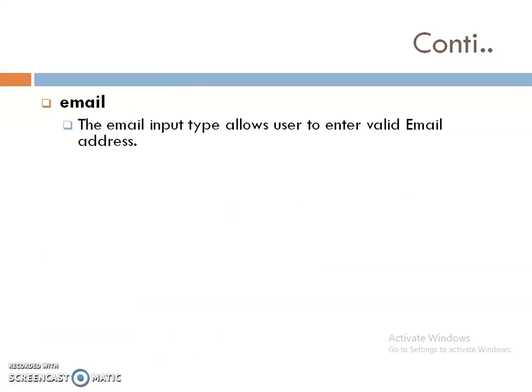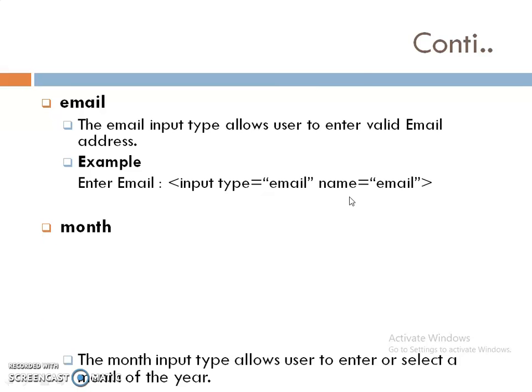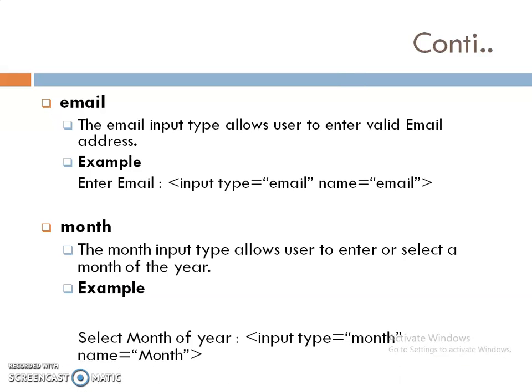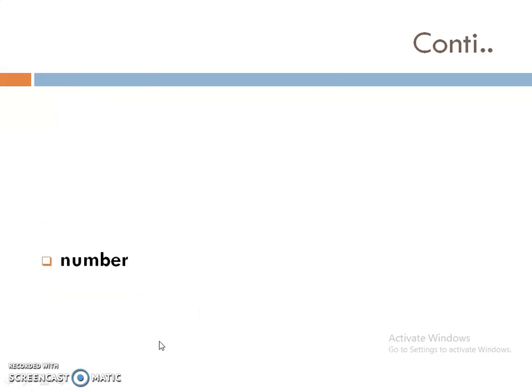It allows the user to enter a valid email address only. For example, input type is equal to email, and this is our user defined name for a field. Month. It allows the user to enter or select a month type of value. For example, input type is equal to month, and this is the user defined name for the particular field.